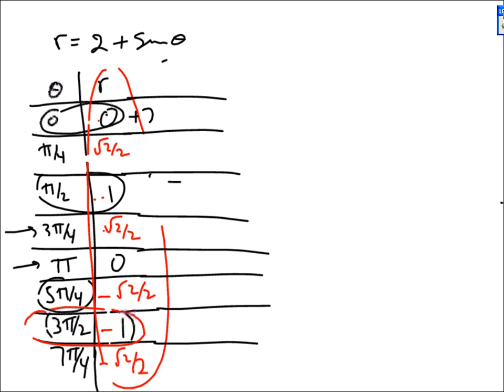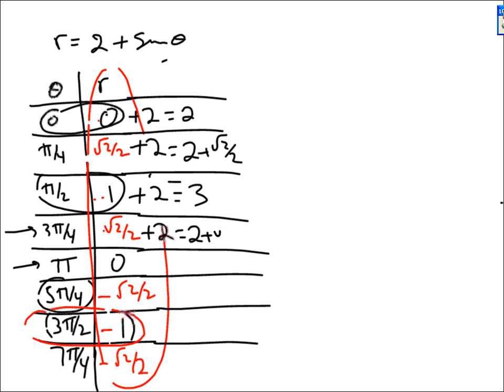0 plus 2 is 2. Square root of 2 over 2 plus 2 is 2 plus square root of 2 over 2. 1 plus 2 is 3. You add 2, you get 2 plus square root of 2 over 2. 0 plus 2 is 2. You add 2 to negative square root of 2 over 2, you get 2 minus square root of 2 over 2. You add 2 to negative 1, you get 1.